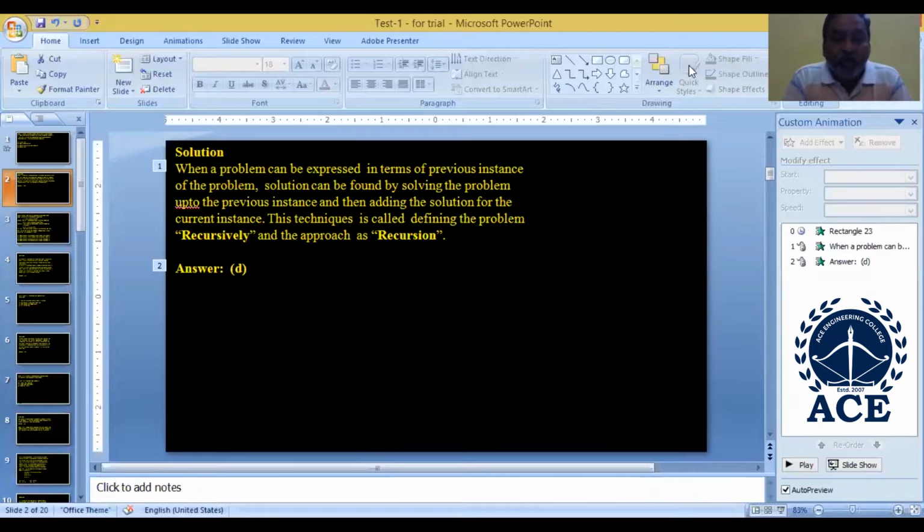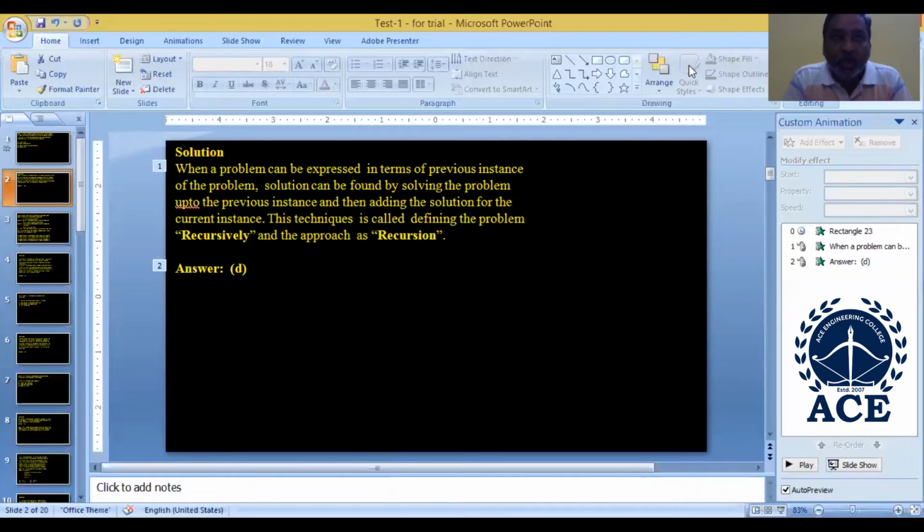Solution. When a problem can be expressed in terms of a previous instance of the problem, that means the problem itself is redefined in terms of its previous instance. The solution can be found by solving the problem up to the previous instance and then adding the solution for the current instance. This technique is called defining the problem recursively, and the approach is called recursion.